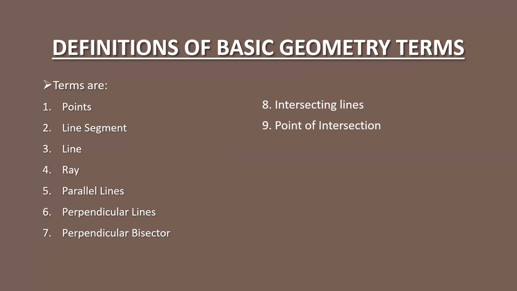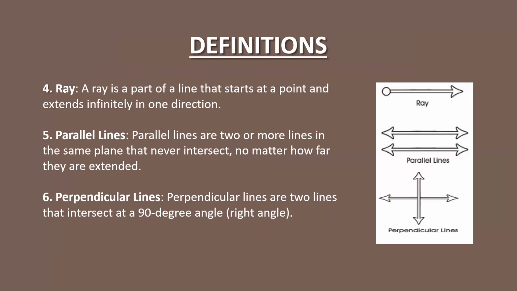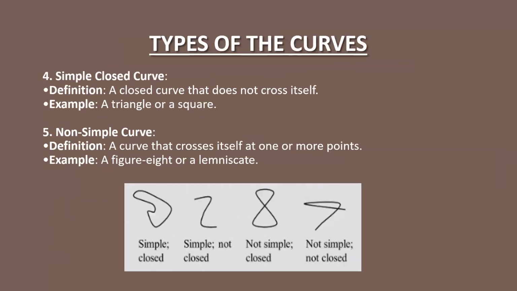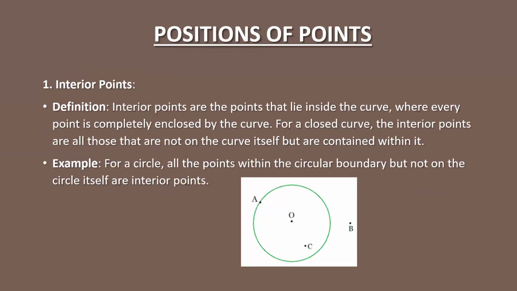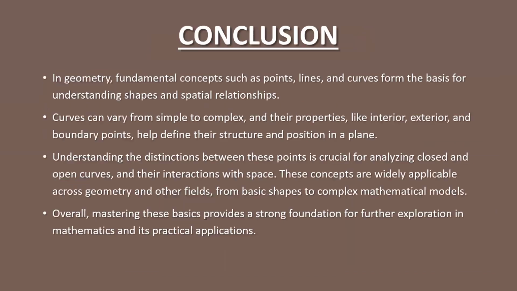Different important definitions of basic geometrical terms with the given figures side by side. Then comes what a curve is and its different ten types of curves. These are all the definitions with diagrams. Then the composition of points, where we have seen three positions of points: interior, exterior, and boundary points.